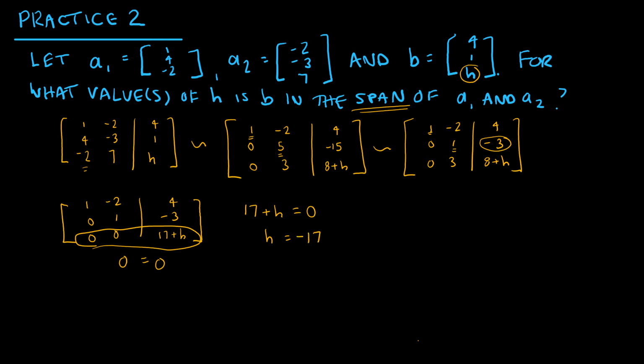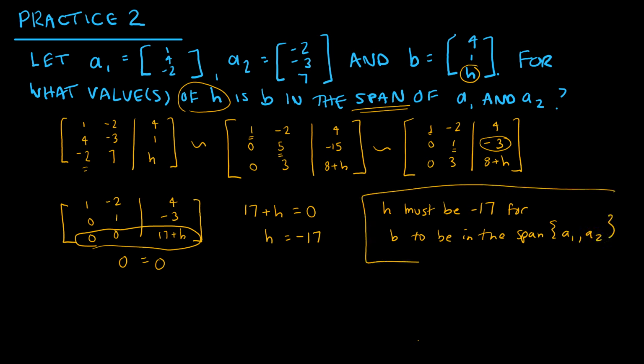So the question is, what value or values of h? And h must be negative 17 for b to be in the span of A1, A2. So the solution is, yes, it works, but only if h is negative 17.